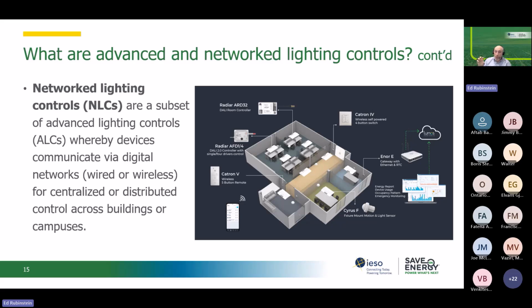And you can see it can really open up different strategies for controlling the lights as well. So we'll get a little bit more into that. But, for example, a centralized system might be one desk where you control all the lights in the hospital campus or university campus, where a distributed one might be on a building by building basis, a floor by floor basis. So we're going to talk a little bit more about this in the next few slides.